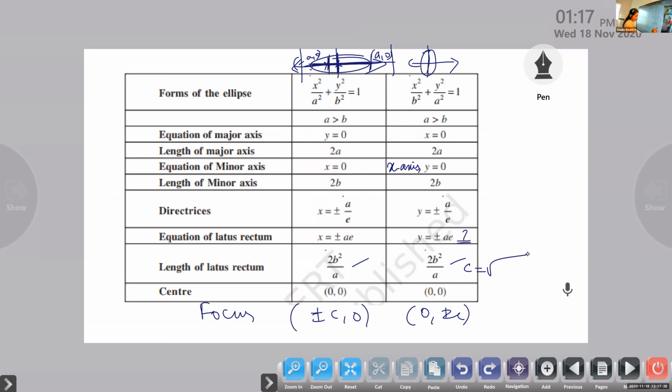What is the formula I gave that day? c is the root of a square minus b square. Note down all the formulas. Once you are thorough with this table, you can start doing the problems.